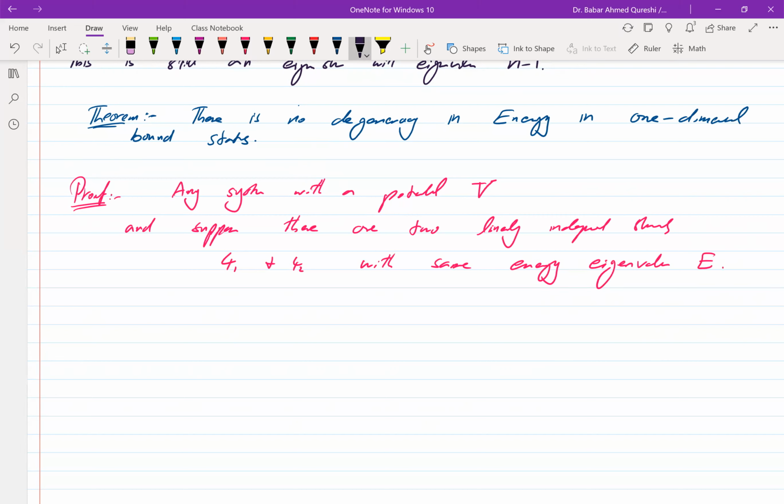Then being energy eigenstates of energy E means that they satisfy this equation. It's just the Hamiltonian acting in the position basis.